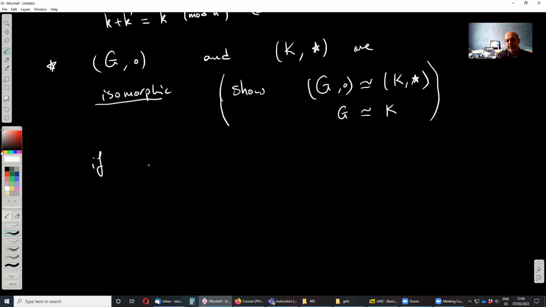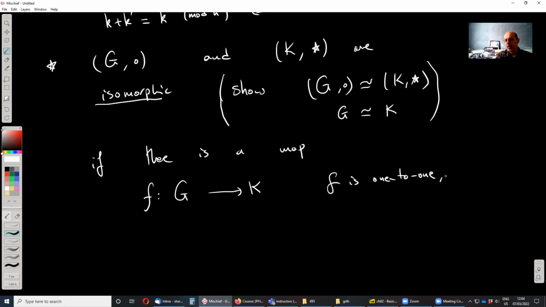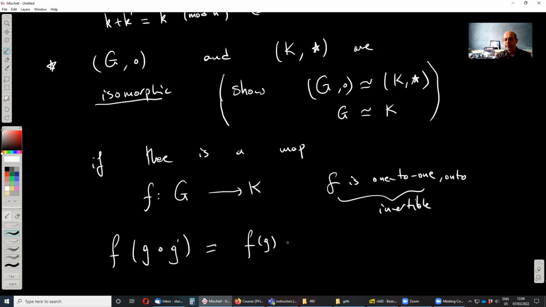If there is a map that relates G to K, and it is invertible, so F is one-to-one and onto, which means it's invertible, so there's an inverse, such that if you have these two elements operated within the group, their images are also operated like that.